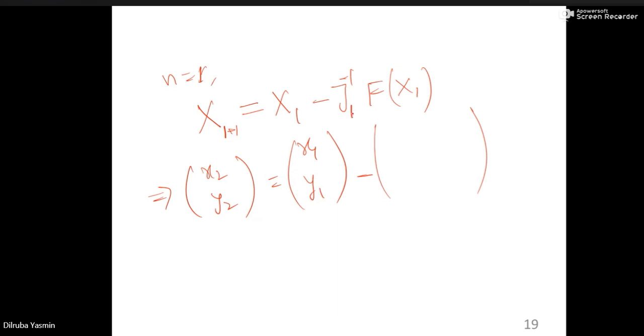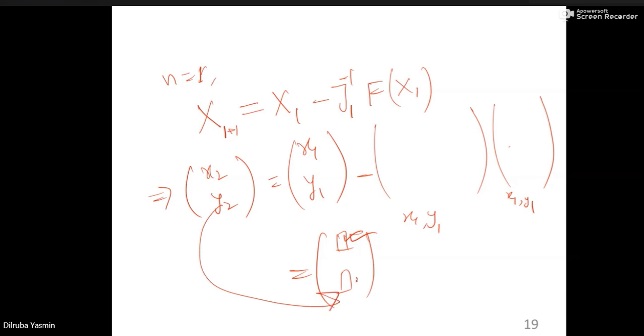So just substitute here, you have the function matrix at x1, y1. That means to get this function, you have to consider x1, y1. To get the inverse Jacobian matrix, just substitute x1, y1 instead of x, y. So you can get a column matrix. So x2 equal to this value and y2 equal to this value.